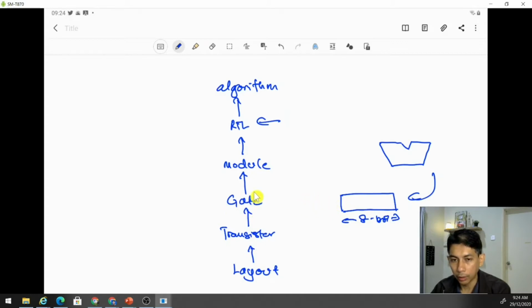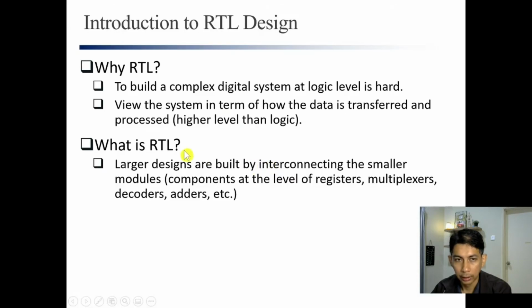But if your design is complex, with 100,000 gates, it is very difficult to design at this level. So you need to go to the RTL level to design a complicated or complex circuit.